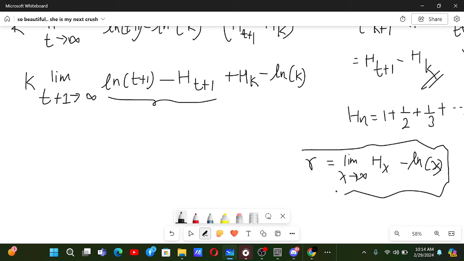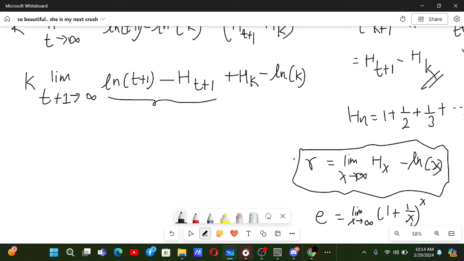This was found by Euler, I guess. Just like the limit as x goes to infinity of 1 plus 1 by x to the power x also approaches a number, Euler's constant e, this also approaches a number, and that is the Euler-Mascheroni constant.